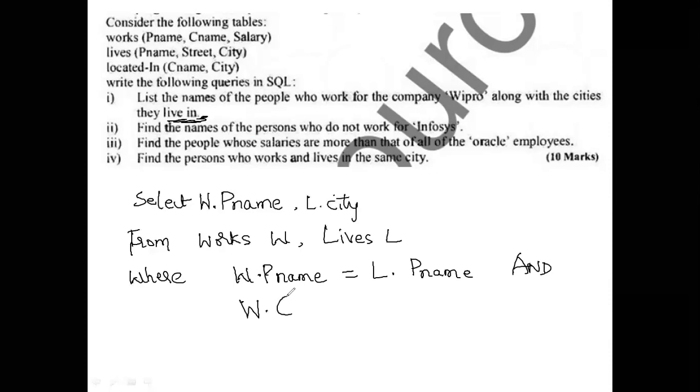So W dot C name is equal to Wipro. Yeah. This forms the entire query. It will print all the people along with the city they live in and those who work in Wipro. Okay. So this is the first query.